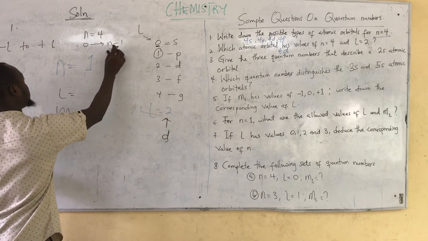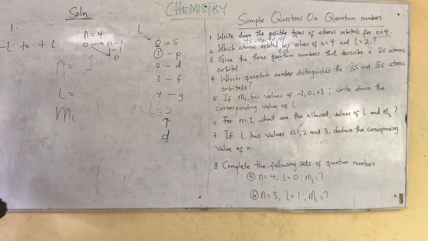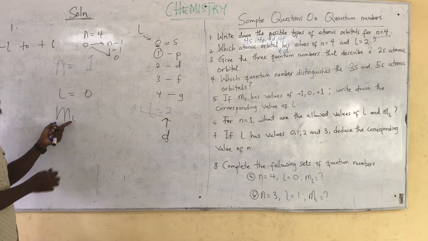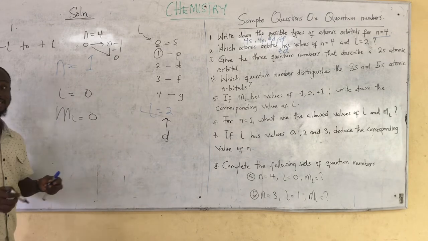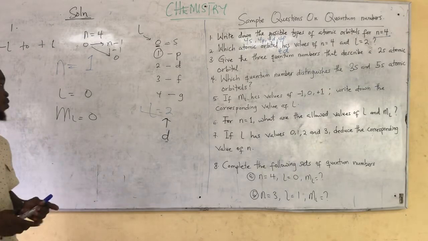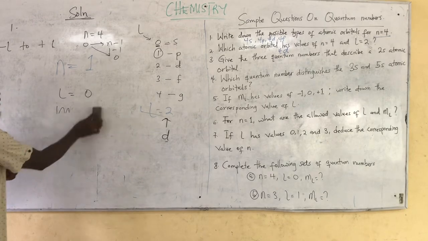So n is equal to 1, so 1 minus 1 is 0. So 0 to 0 is still 0. Is that okay? So the L value for n equal to 1 is 0. Now what will be the ML? We've done that already. It is still 0 as well. Is that okay? So that is the solution for question 6 as well. For question 6, our L value is 0 and our ML value is still 0 as well. Now let's move on to question 7.